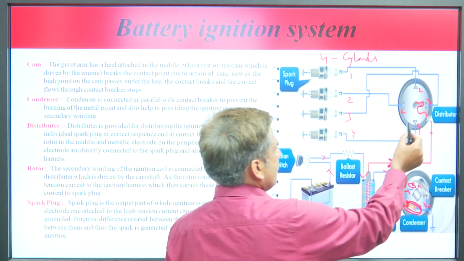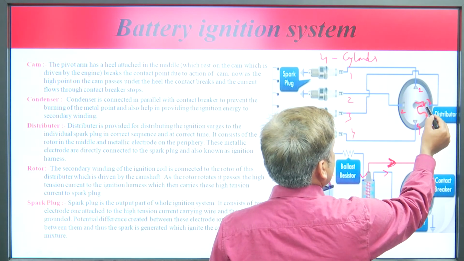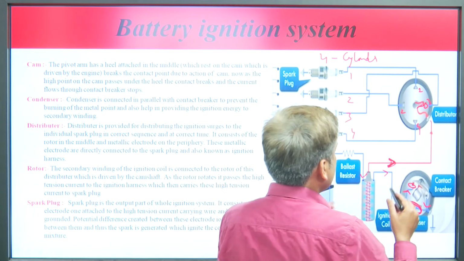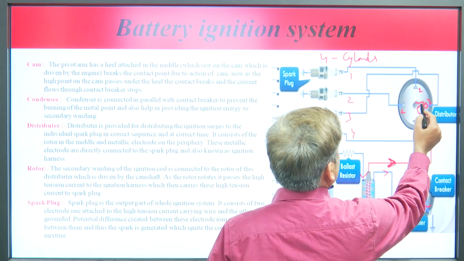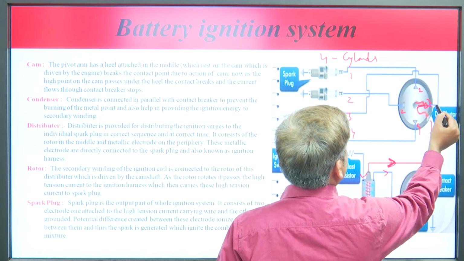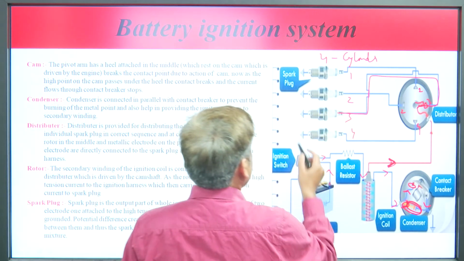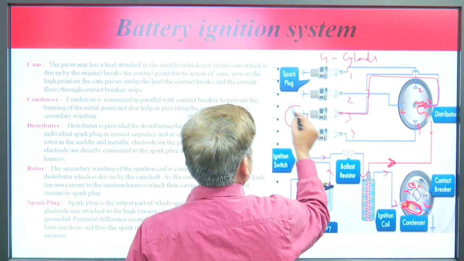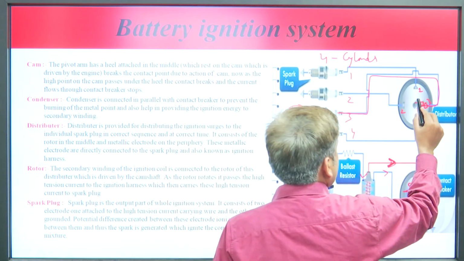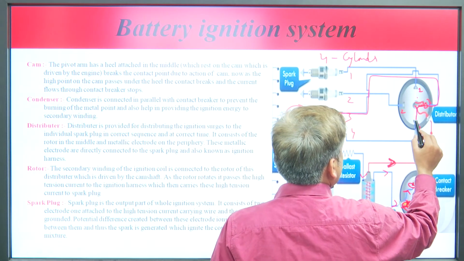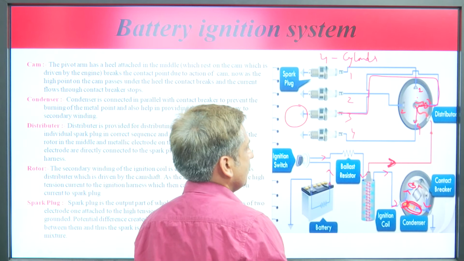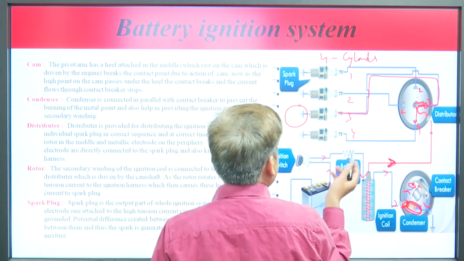When it touches a particular distributor electrode, this high voltage is connected to the corresponding cylinder, for example cylinder 3. At this point the spark will be created, and again it goes to another electrode, it touches the 4 one, then the spark will be here.